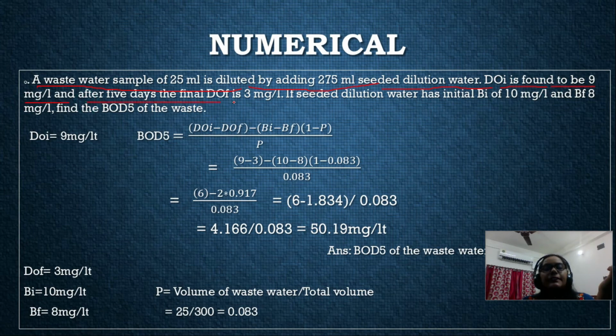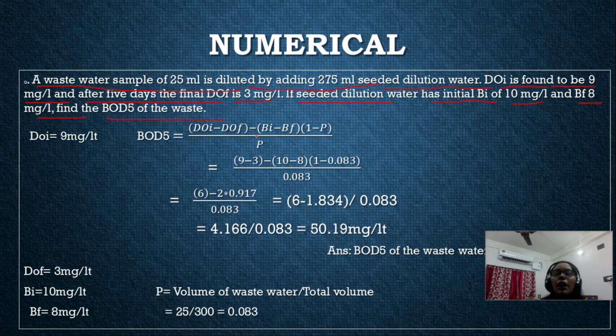After 5 days, the final DOF is 3 milligram per liter. If the seeded dilution water has initially, that is BI, 10 milligram per liter of DO, and BF is 8 milligram per liter, then find out the BOD 5 of the wastewater.